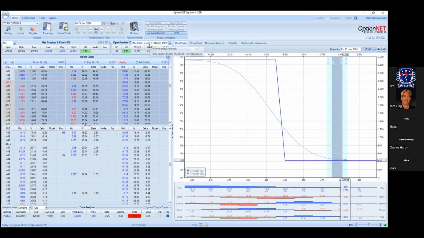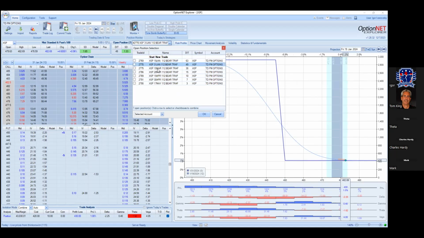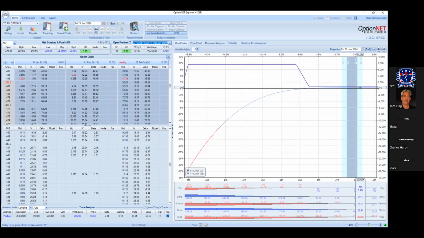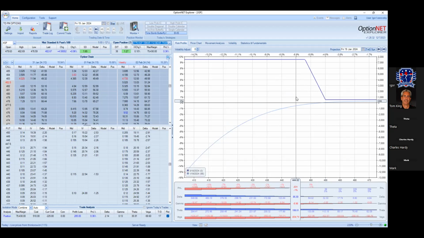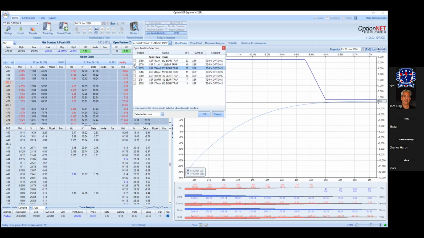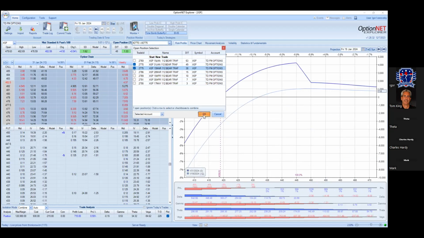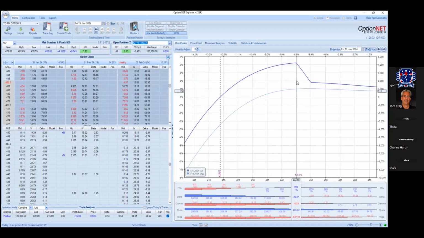What are some of the other trades? So, for example, we have a trade that is expiring on March 15th, and this is what this trade looks like. We can see that if the market moves down 7%, our P&L is going to be at a drawdown of about $500 in this trade. But if that happens within the next 12 days, instead of being down $500, this trade is actually going to be up about $1,000.